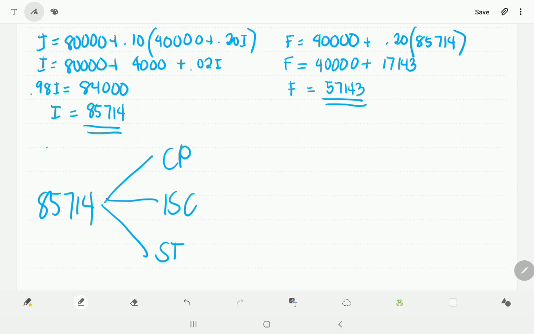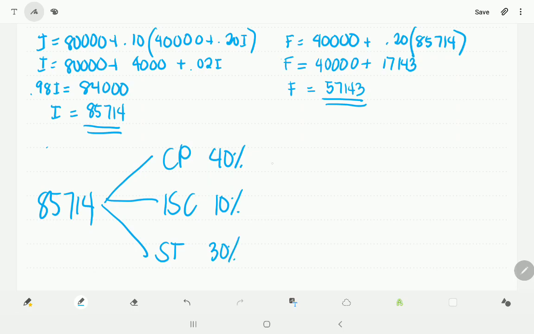Based on the table we prepared earlier, the Information Systems Department has provided 40% of its services to the Computer Programming Department, 10% to Information Systems Consulting, and 30% to the Software Training Department.